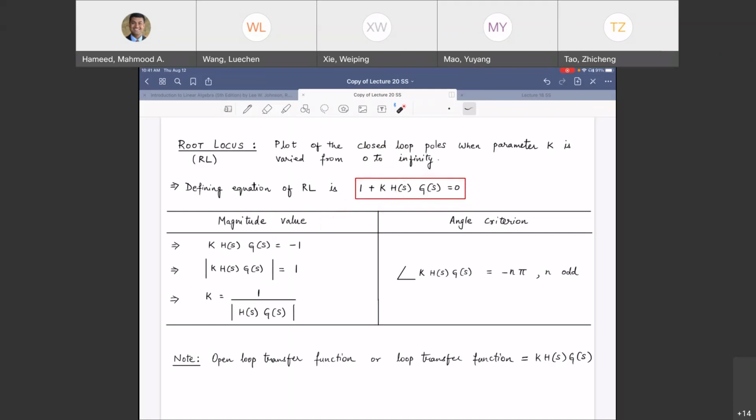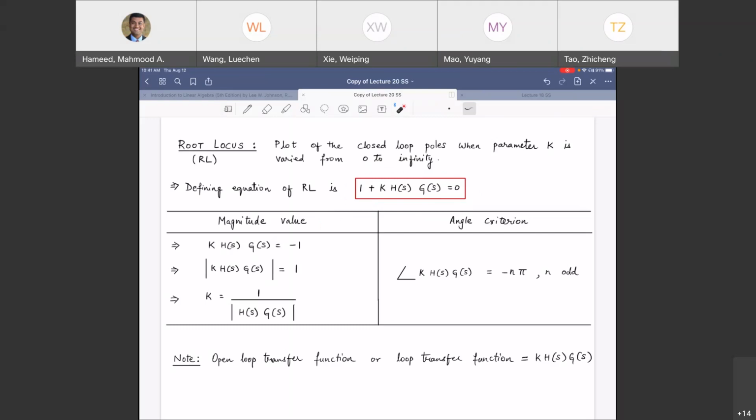So for now, here are the things that I'm expecting you to get. One, what is a closed loop transfer function? Two, what is a loop transfer function? The second one is, what are the closed loop poles and what are the loop poles and zeros? Next, what is the characteristic equation of the root locus?